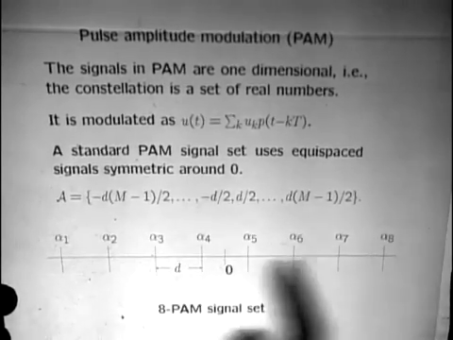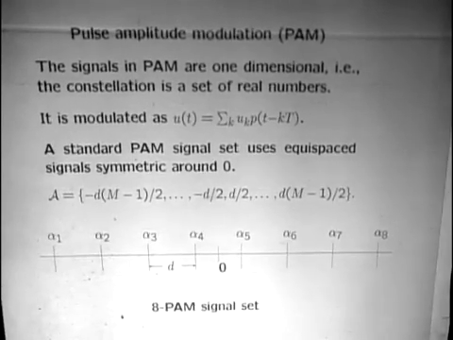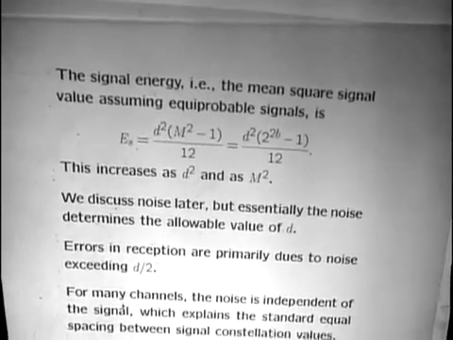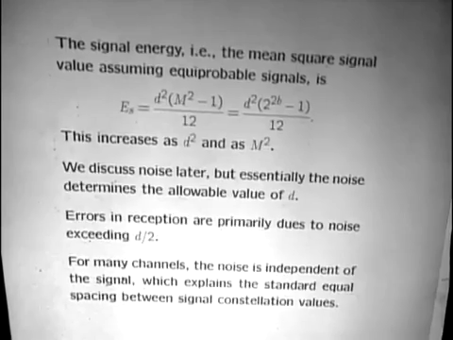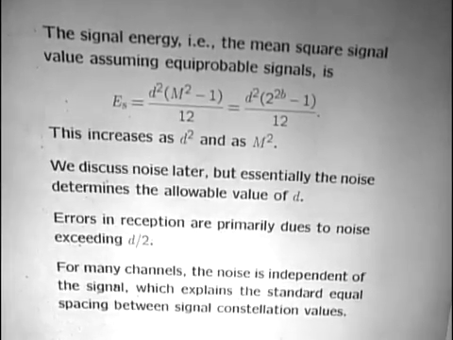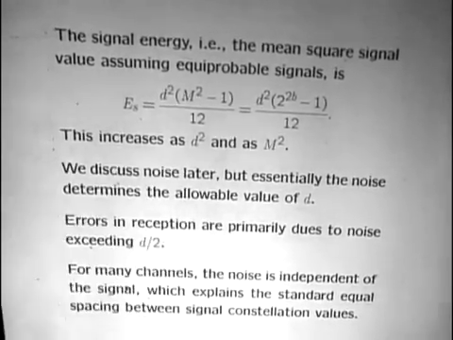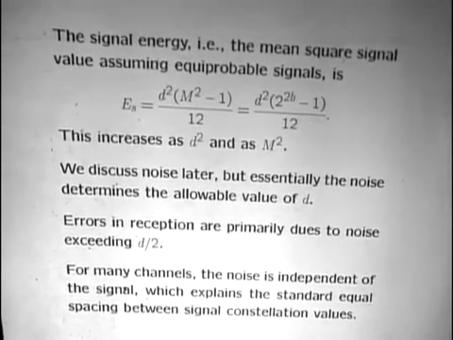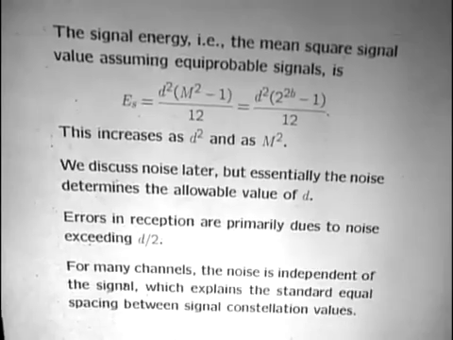Okay. And the other thing is, why do you want them to be equally spaced? Well, I'll talk about that in just a second. Anyway, the signal energy in these equally spaced signals, you can calculate it to be d squared times (m squared minus 1) divided by 12. I think we sort of did this when we were worrying about quantization.